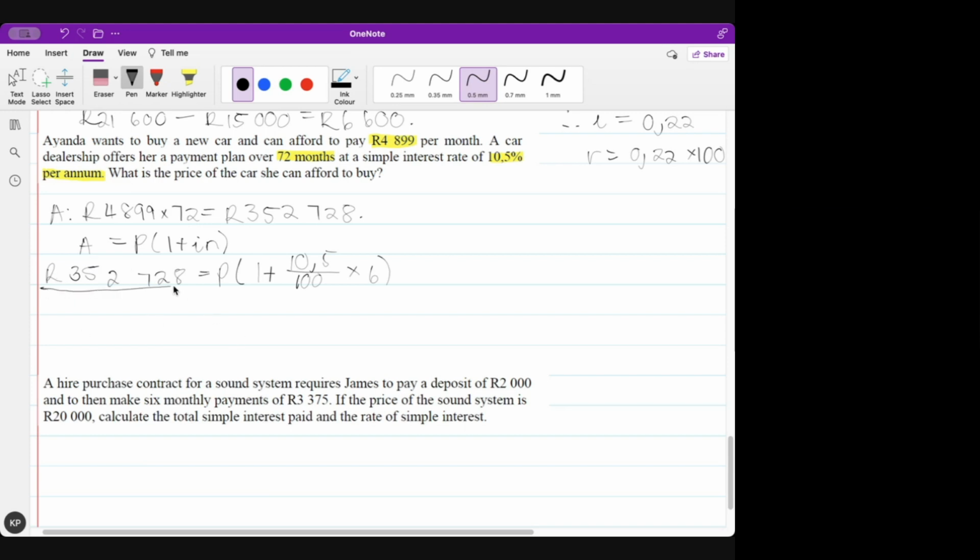So you're just going to divide this by the whole bracket, okay? Times 6 times 6. And on this side as well.